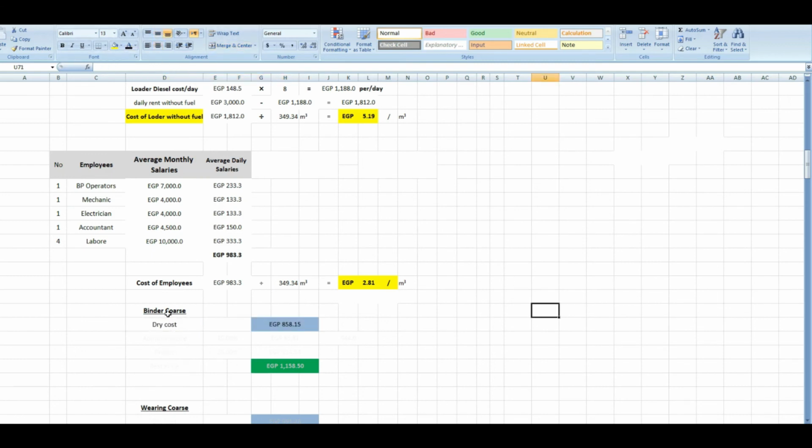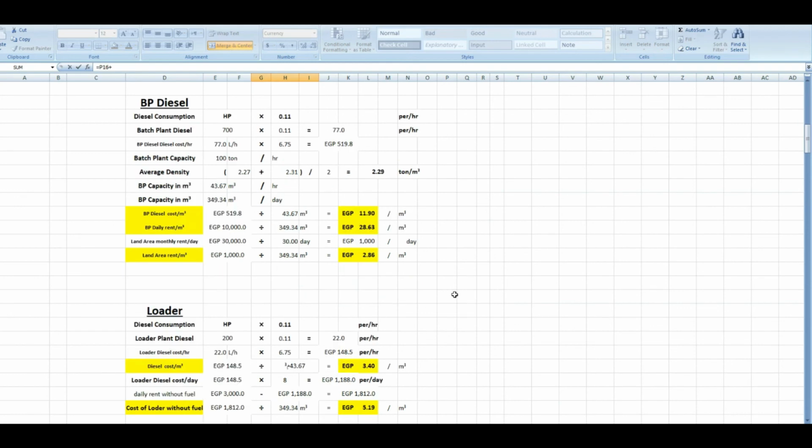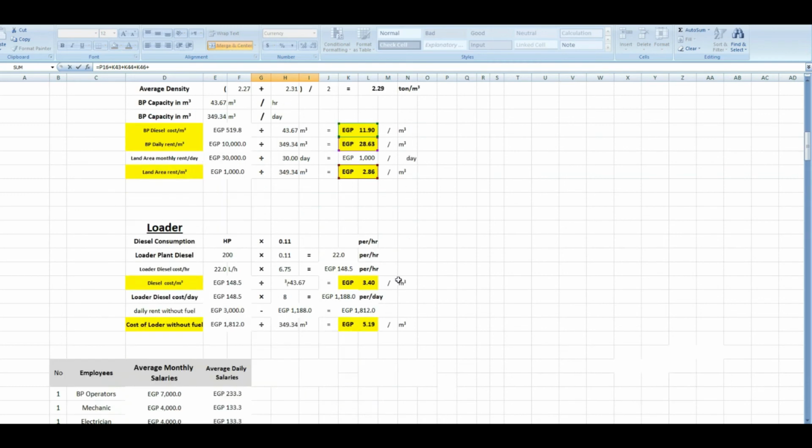Now we can calculate the dry cost, if I didn't forget anything else. I think we covered all the costs. The dry cost of asphalt equals cost of material plus cost of diesel for the batch plant plus rent of the batch plant plus rent of the land on which the batch plant is based plus consumption of diesel by the loader.